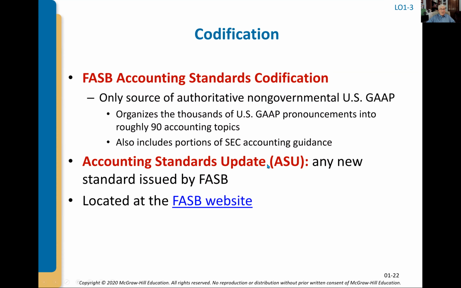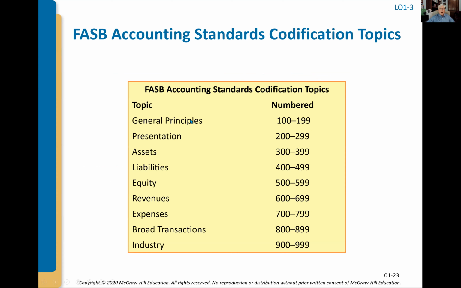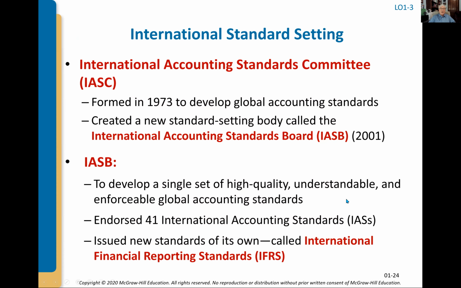And so the codification is organized in various topics with numbers around them, where, as you would think, assets come first in the 300s, liabilities in the 400s, equity in the 500s, revenue in the 600s, and expenses in the 700s. So it is organized.